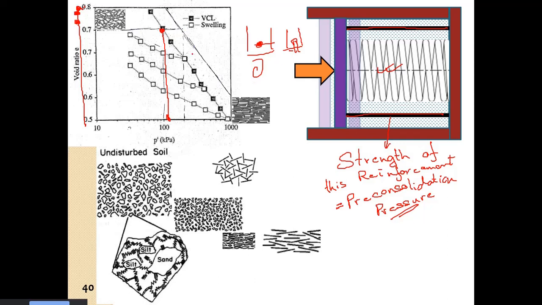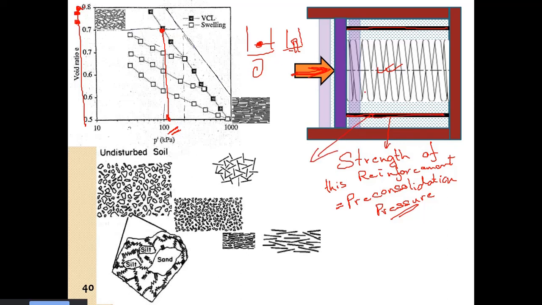So what will happen when we keep on loading the soil? Until it reaches this effective stress state, the soil structure will be very stiff, and most of the load will be taken by the reinforcement here.